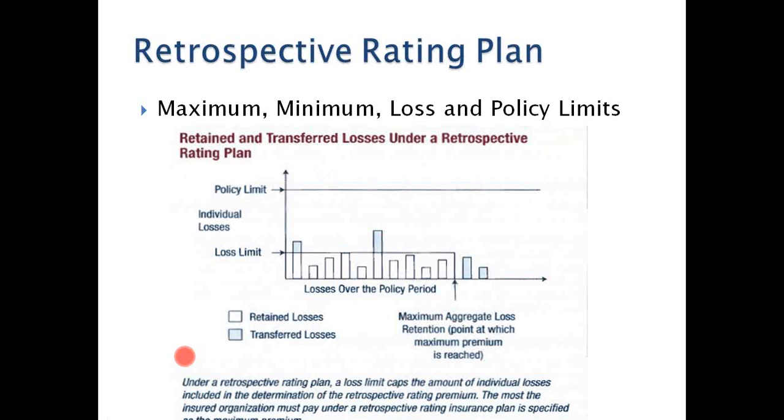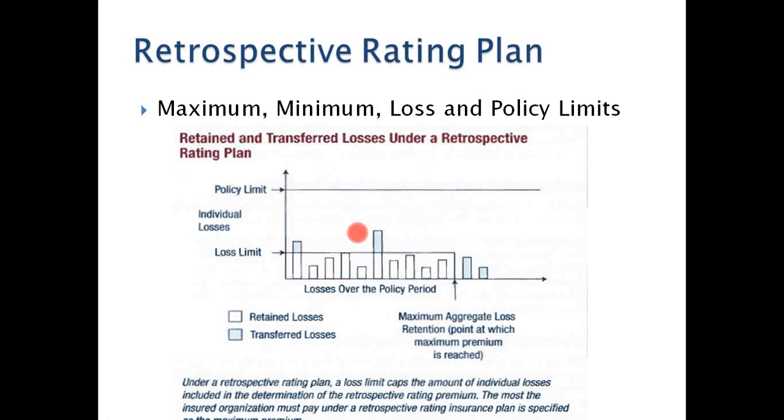So you're going to have a maximum premium, and then you're going to have certain loss limits as part of this. So in this case, here's a loss limit. Let's just call it $100,000. Might be the loss limit for each individual. And what that means is, these are the losses that are retained losses, and anything above this, even under a plan, will get transferred. That means the insurance company is going to take these losses over the certain amount.